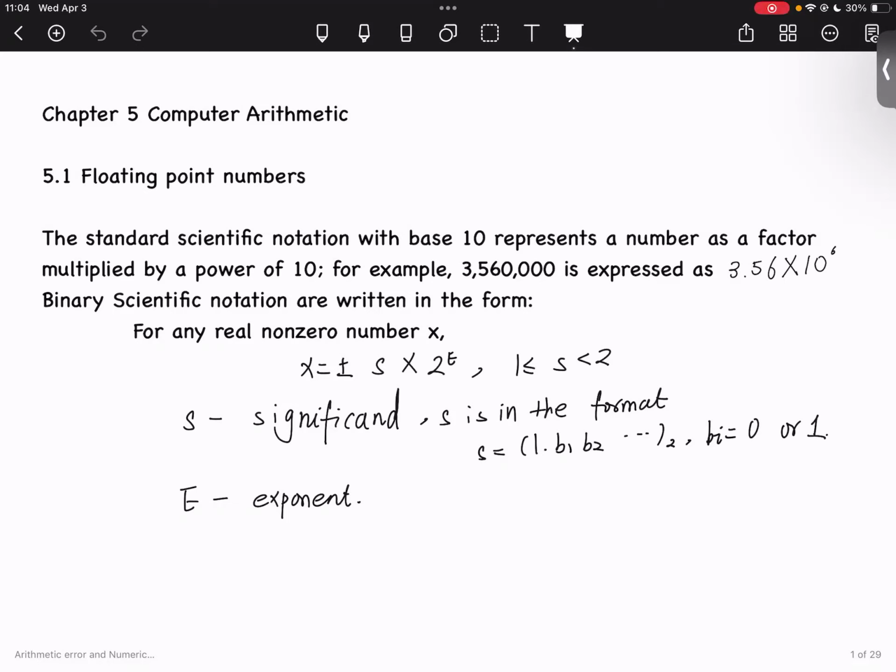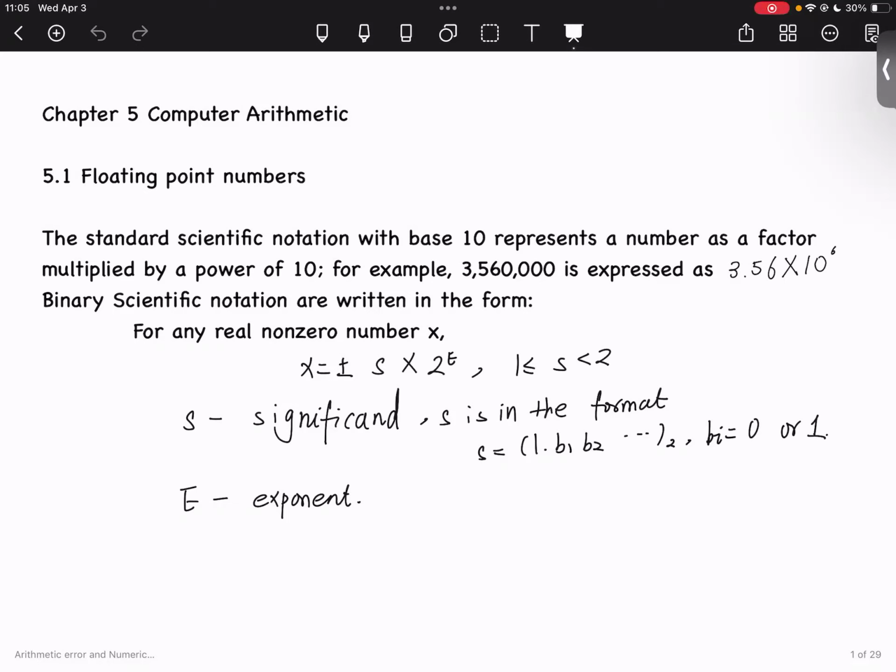The first component is the sign, because we have negative and positive numbers. Similar to base 10, we have the significand S. And instead of a power of 10, because this is a binary scientific notation, we have base 2 raised to an exponent. So there are three parts here: sign, significand, and exponent.